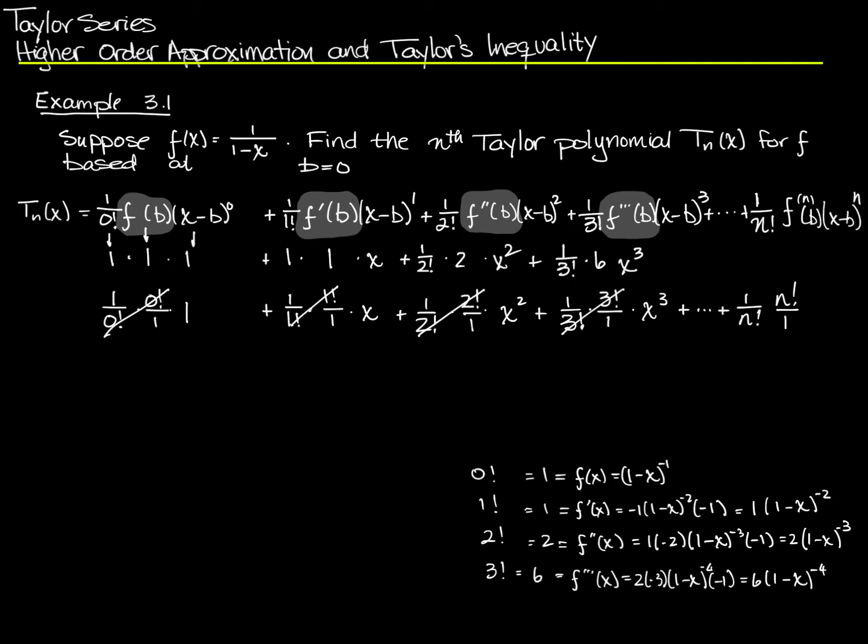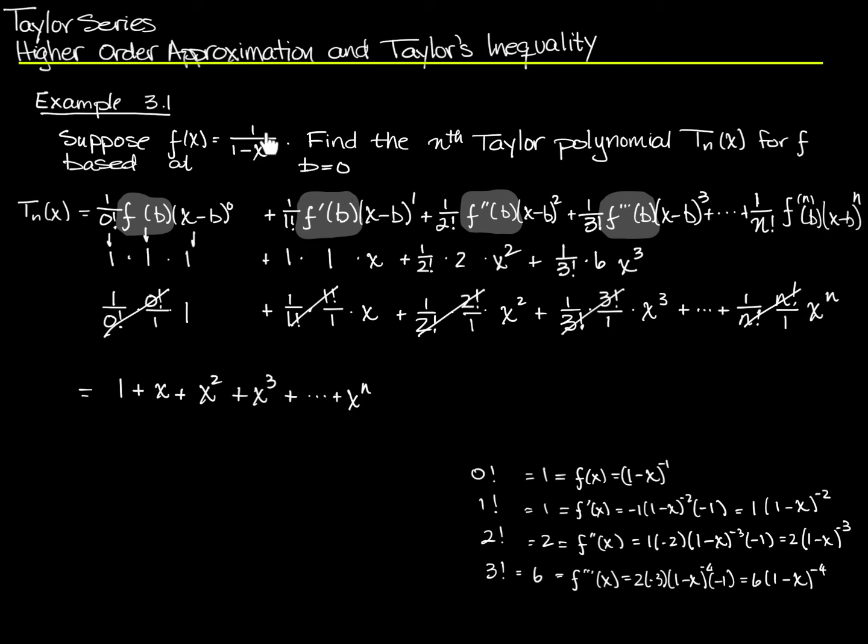So I'll write that way, and then I have x to the n, x minus 0 to the n, or x to the n, and I can cancel those. If I tidy this up, I get 1 plus x squared plus x cubed plus, and so on, all the way up to x to the power of n. And that is my nth Taylor polynomial for this function.